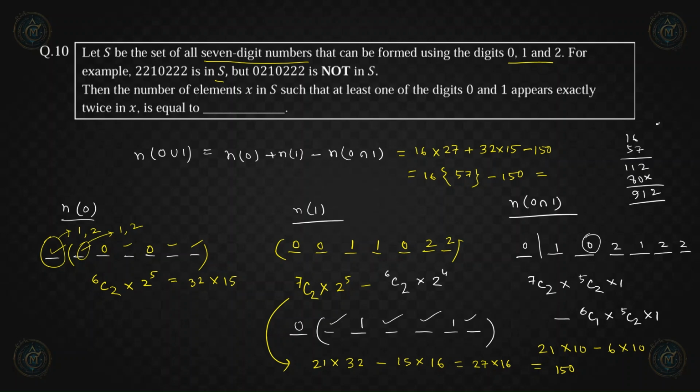So 912 minus 150, that means 2 here, 6, and this will be 7, right? So we have the answer as 762. So 762 will be the answer for this problem, okay. 762.